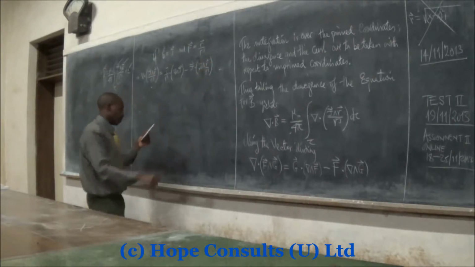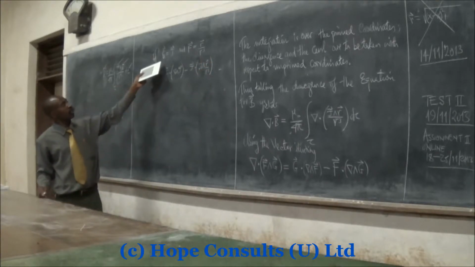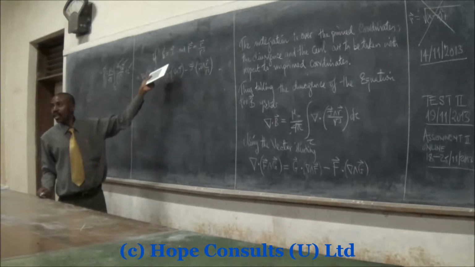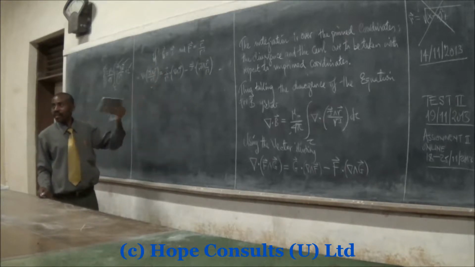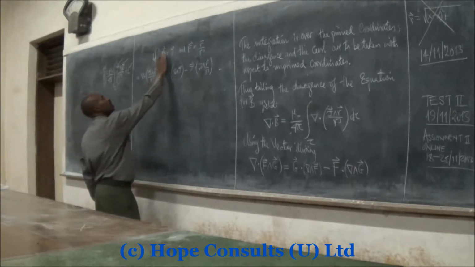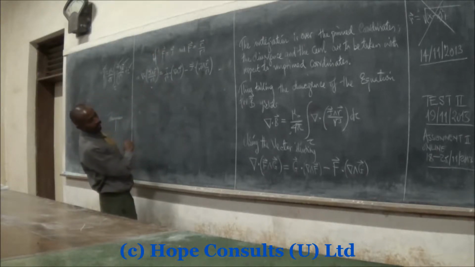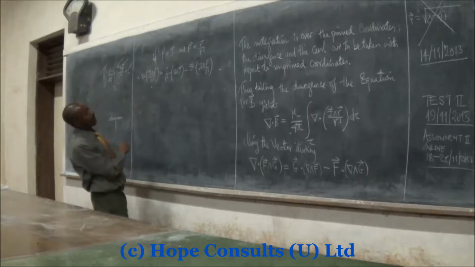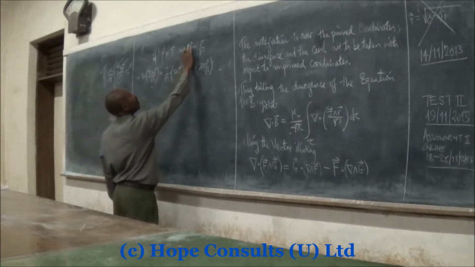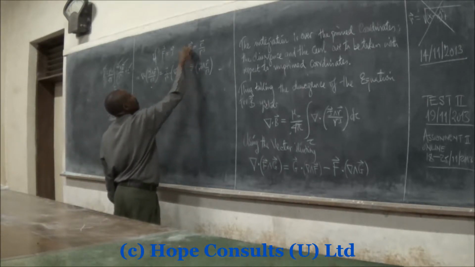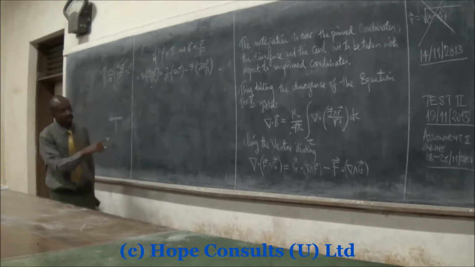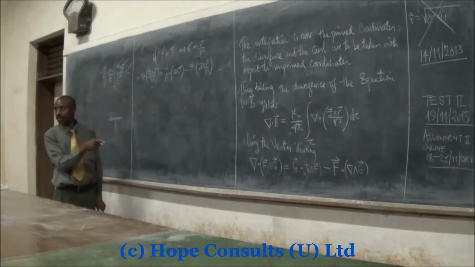According to the identity, we should change this reverse, isn't it? It's something I was supposed to correct. So this should be F, and this should be G.